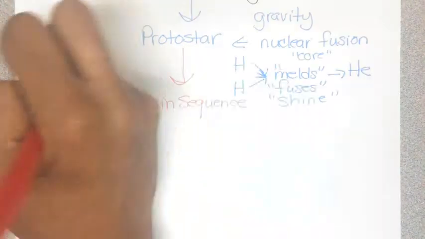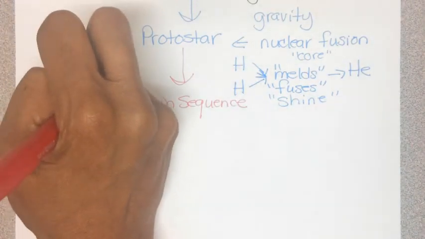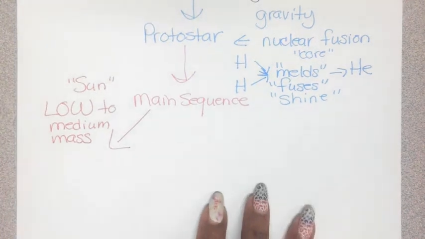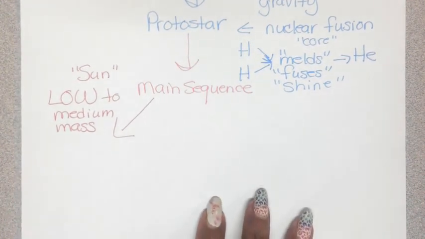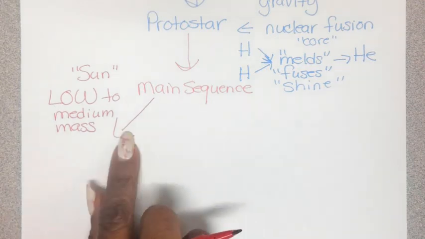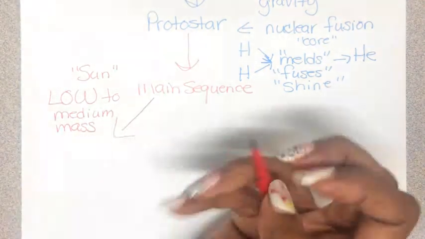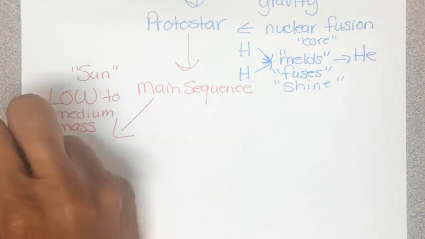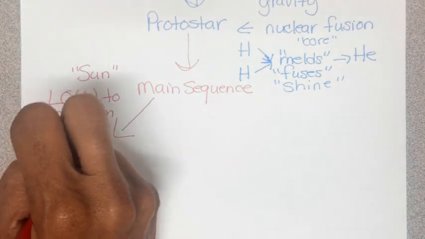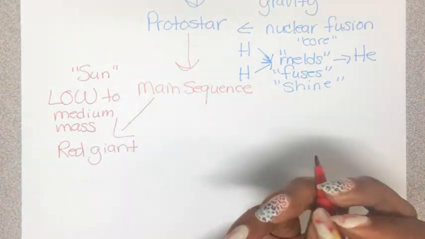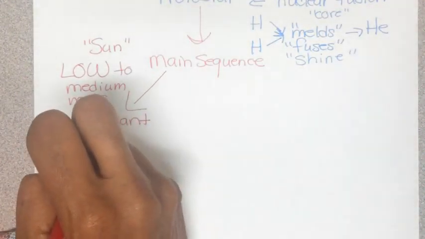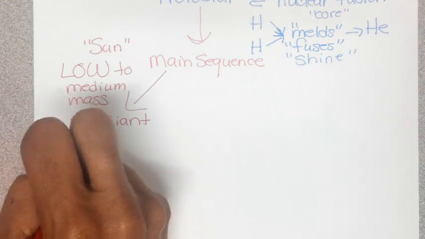This is what our sun is, a low mass or average mass star. This is the path that our sun is going to take. After it is a main sequence star for billions of years, it will become a red giant. After the red giant, it will become a planetary nebula.